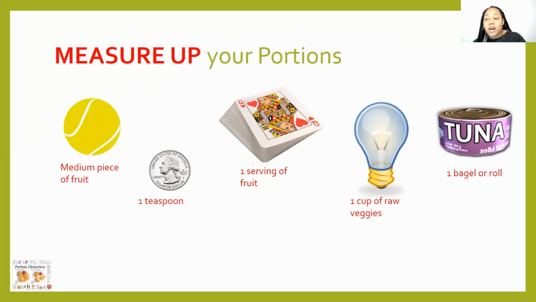Well, we can compare everyday objects that can give us a good estimate of a single serving size, okay? And as you can see, I have some up here on our poster, some very good everyday items that we can measure up.